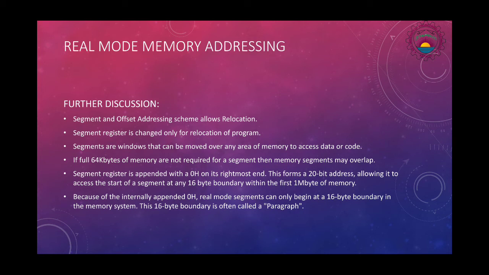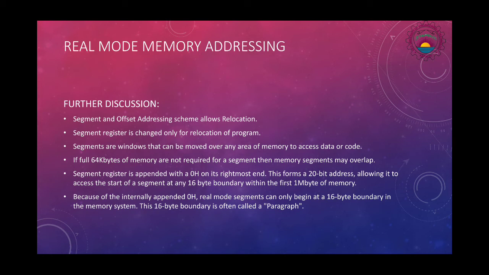And we have discussed earlier that real mode memory is of 1 megabyte, and in 1 megabyte memory there may be 16 portions of 64 kilobytes each without any overlap. So 16 segments are possible within real mode memory, but by using 4 segment registers at one time we may access only 4 segments. So it means that we may have more than one code segment or data segment within memory.